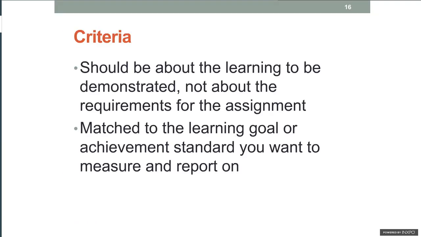Criteria should be about the learning, not about the requirements for the assignment. No directions. I see so many awful rubrics that are basically directions in a box, and they mismeasure students. I won't have time in this presentation to give you an example of what happens when you use bad rubrics on student work.